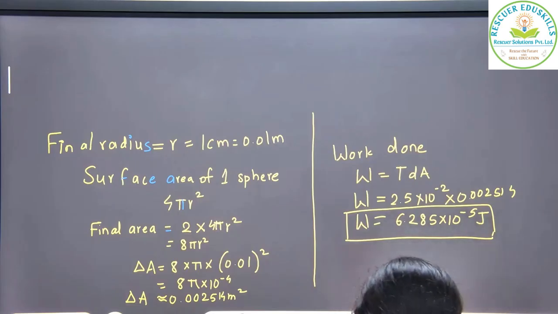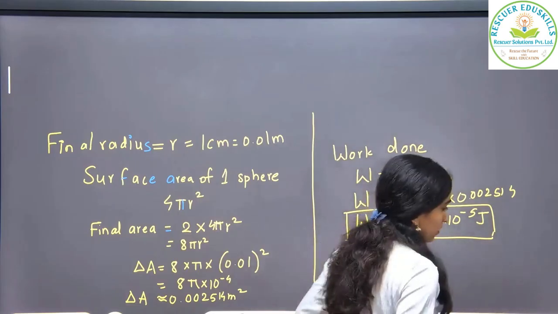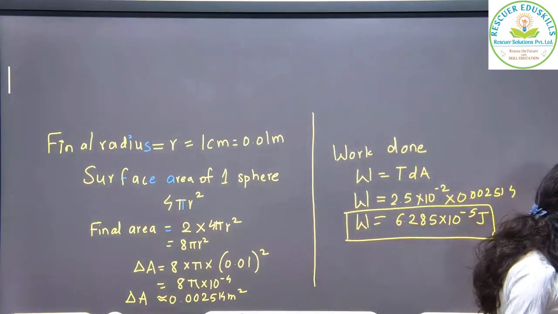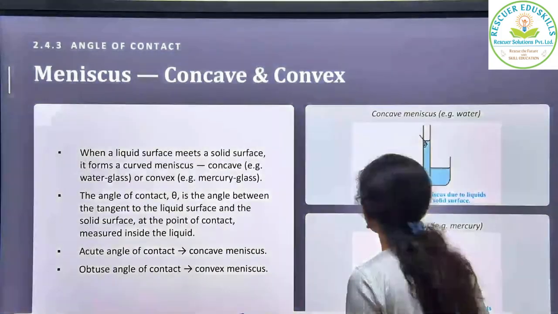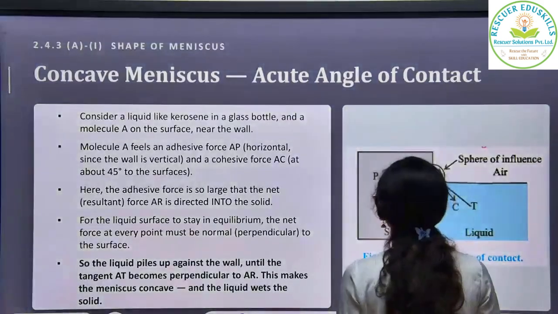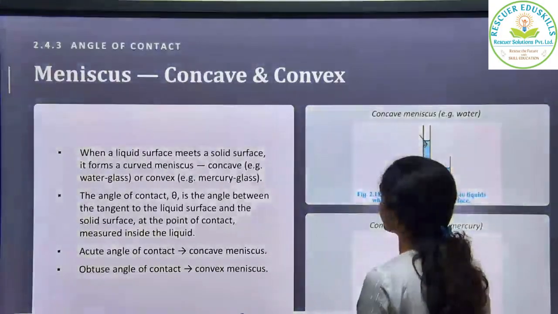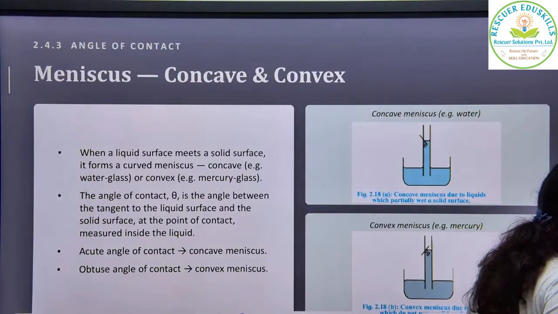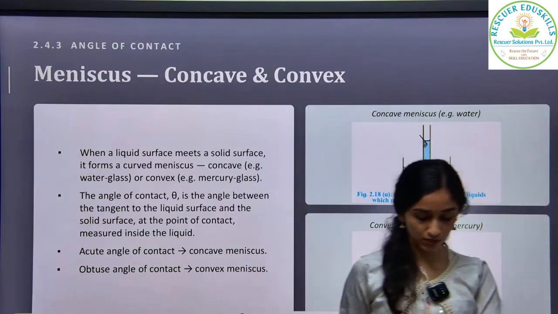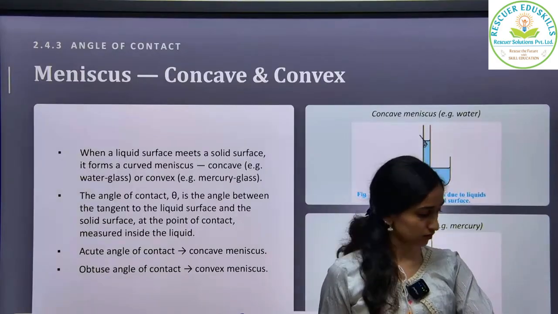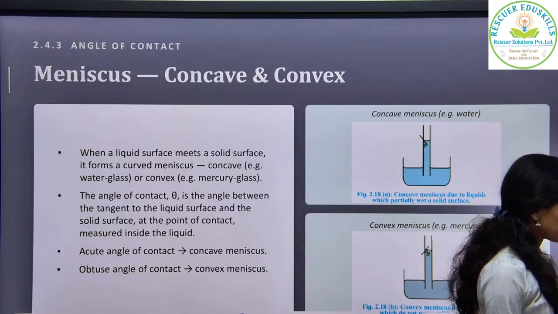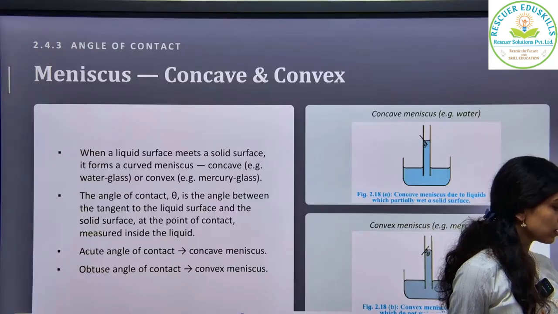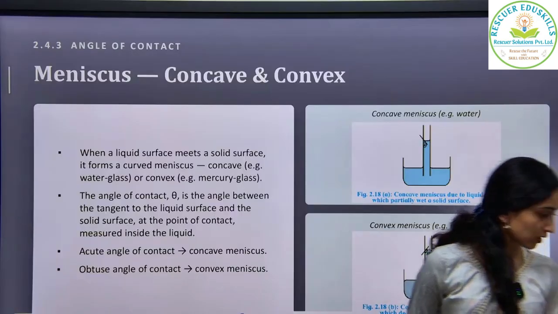Okay. So I hope that this question is done. Now, let's study what is a meniscus, what is a concave meniscus and what is a convex meniscus.